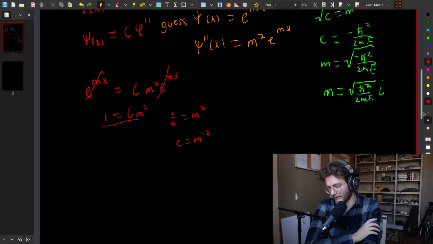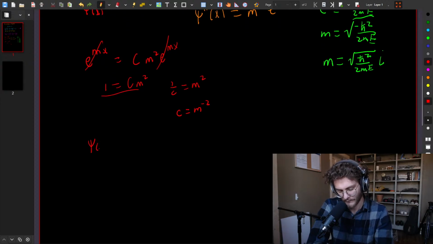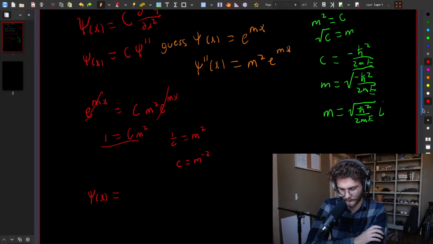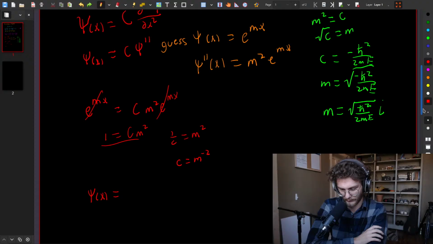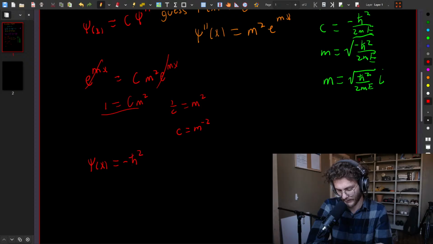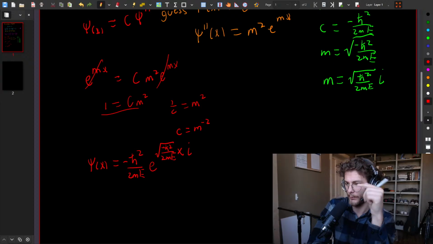All right, psi of x equals negative h bar squared over 2m times e to the square root of this whole thing times xi. All right, now we've done that.